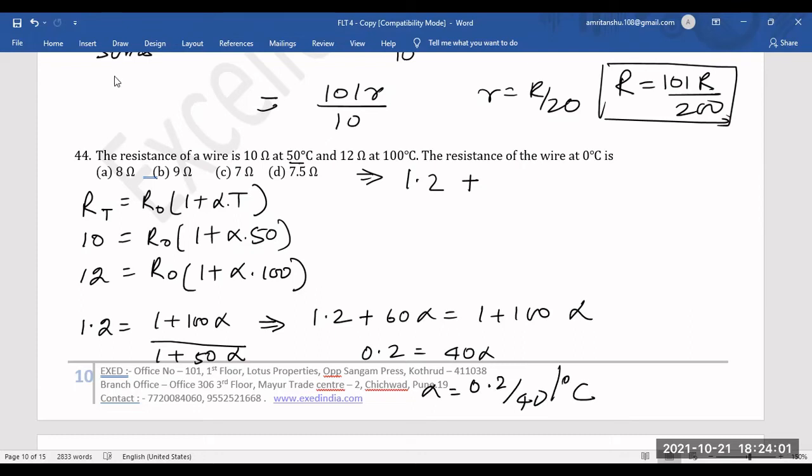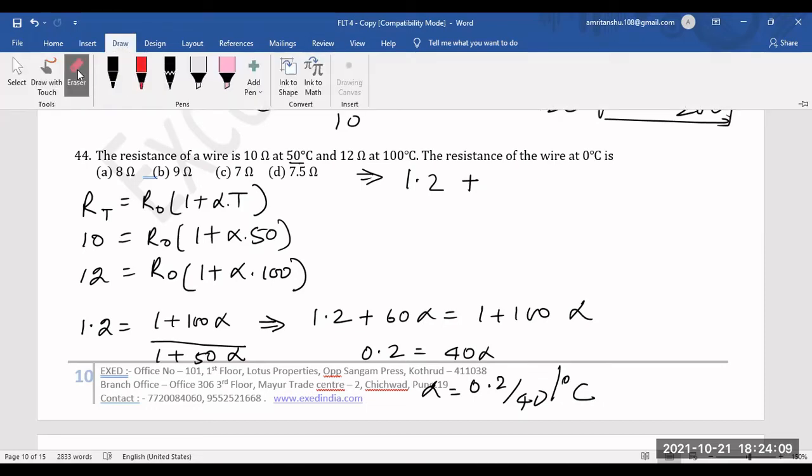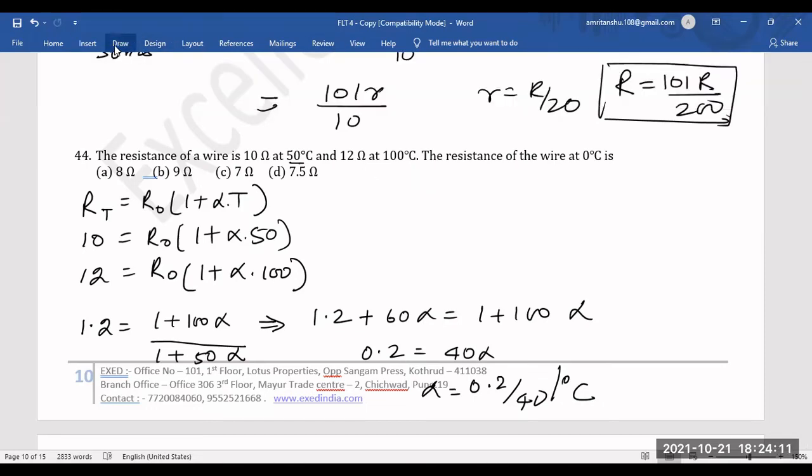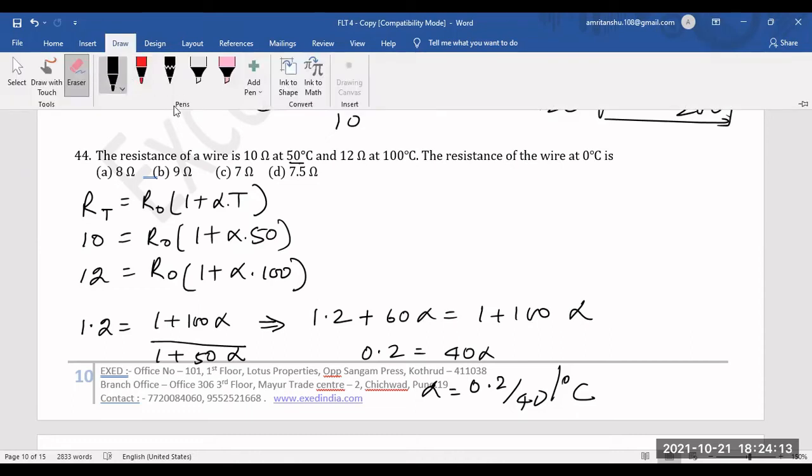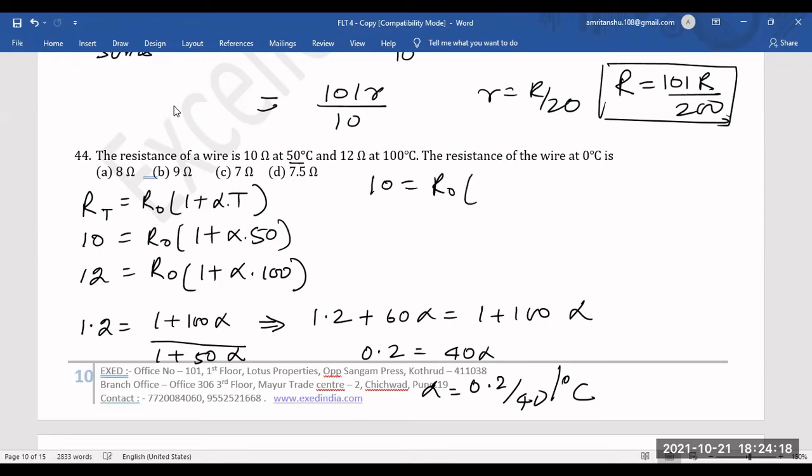And having found this out, if you put it in any of these equations, let's say I put it over here. So 10 is equal to R naught into 1 plus 0.2 upon 40 into 50.